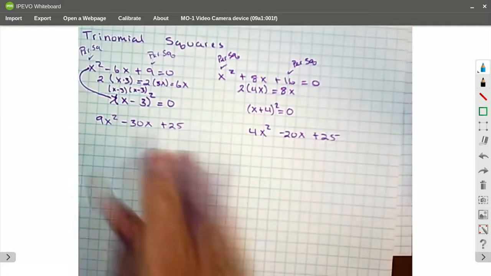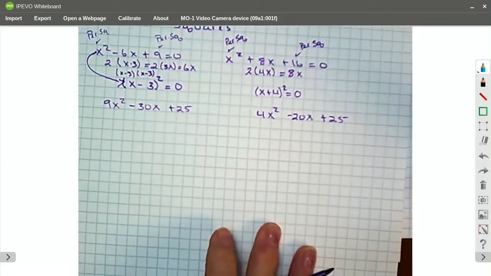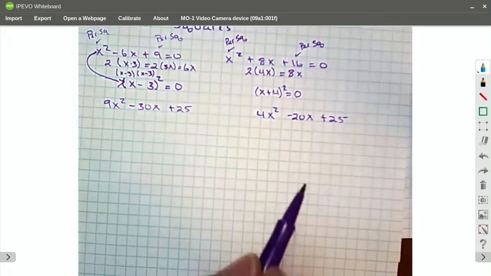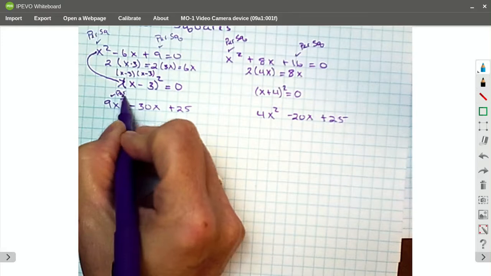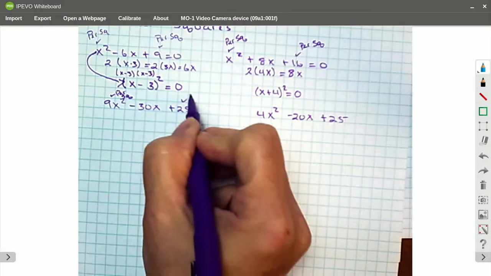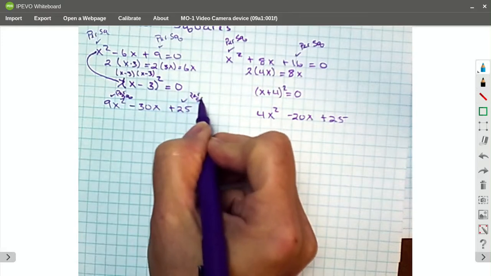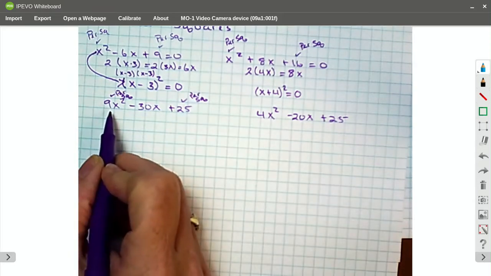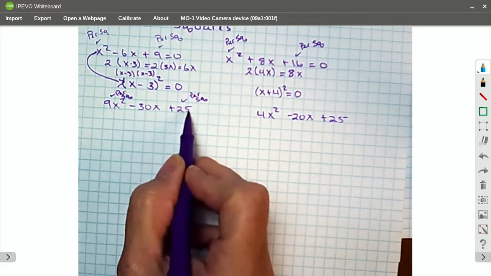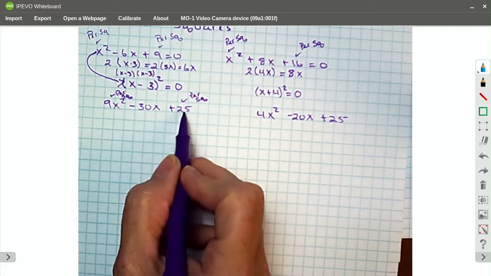And then what about if a is greater than 1? Same thing. It doesn't matter. Perfect square, perfect square. The square root of 9x squared isn't just x, it's going to be 3x, right? The square root of 25 is going to be 5.